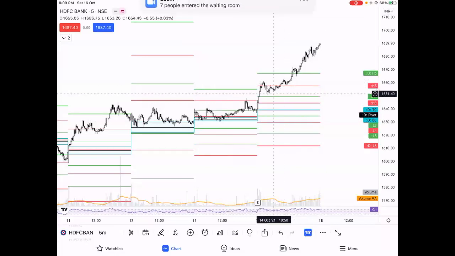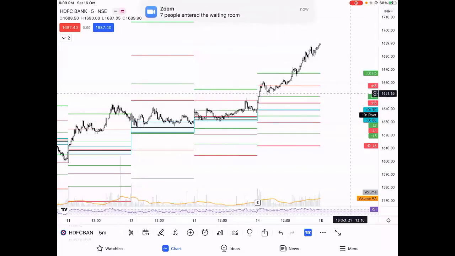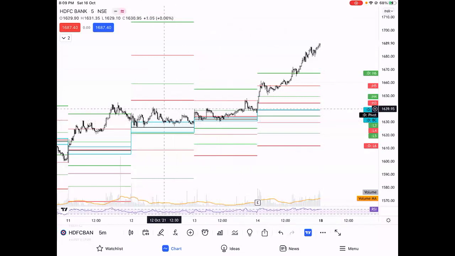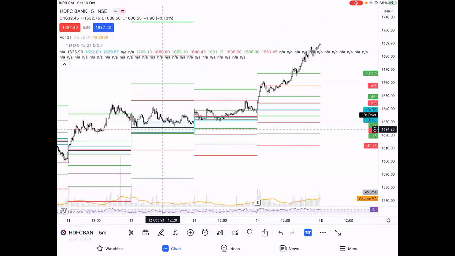Now when you see these types of charts, you will see different colors and different kinds of levels, right? But what if I just make it simple for you? Let me disable this.